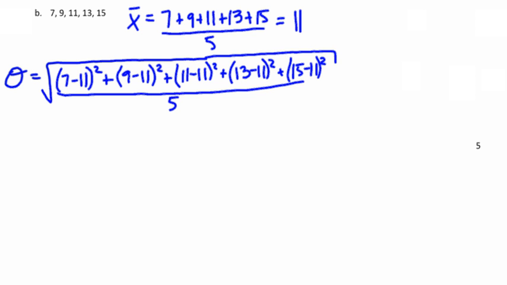We'll simplify that into another step. 7 minus 11 is negative 4, so square root of negative 4 squared, plus 9 minus 11 is negative 2 squared.